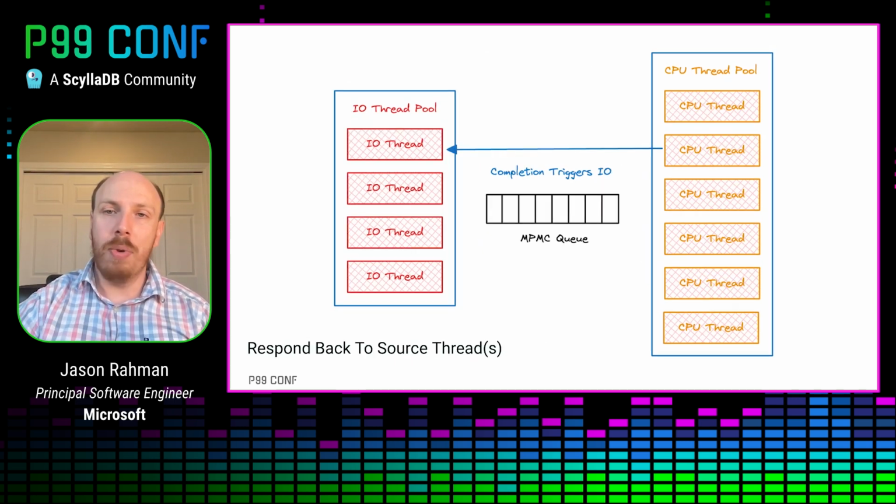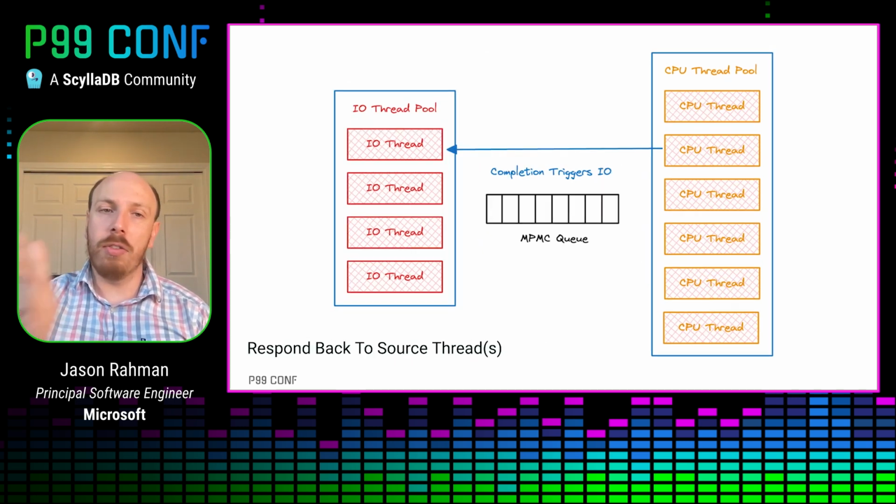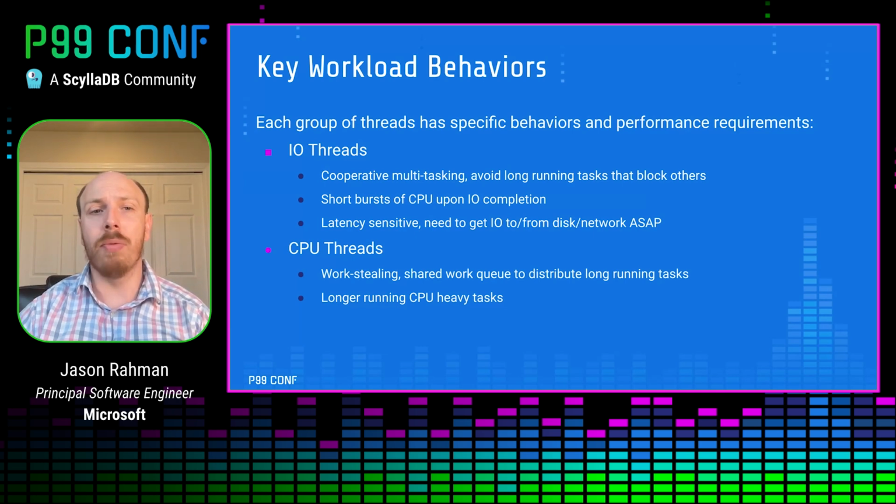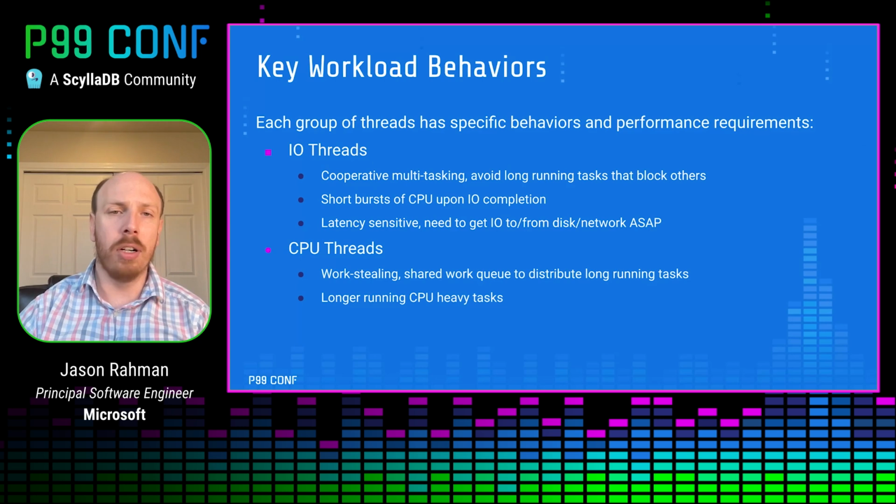Once we actually have the work completed, we then have to hand off the result back to the IO thread. So it goes without saying that we have a fair bit of coordination between these threads. Each of these groups of threads has their own specific behaviors and performance requirements to achieve low latency. The IO threads are typically cooperative multitasking.